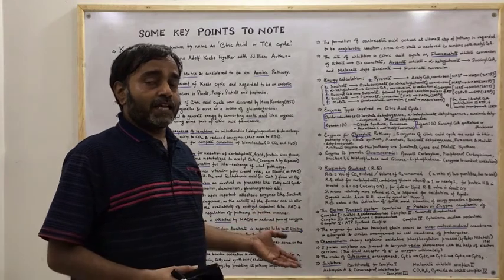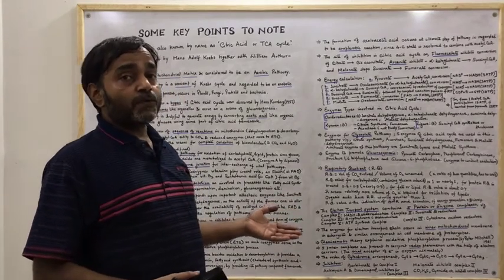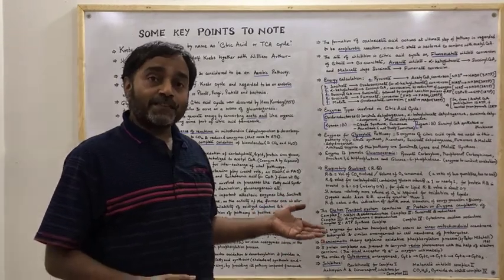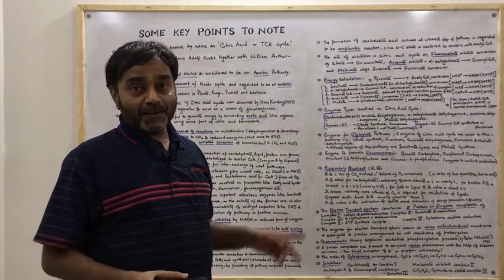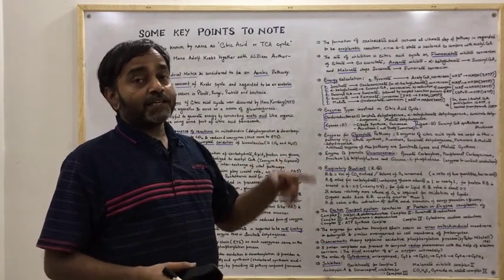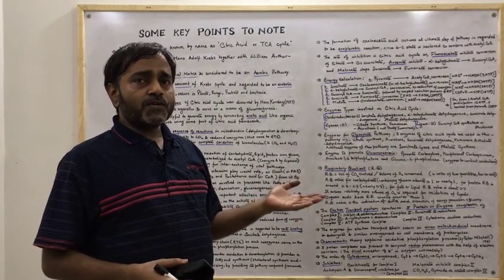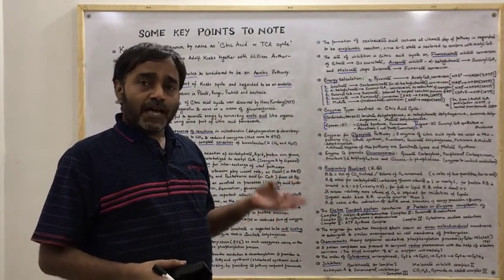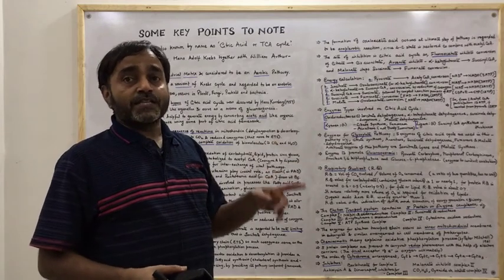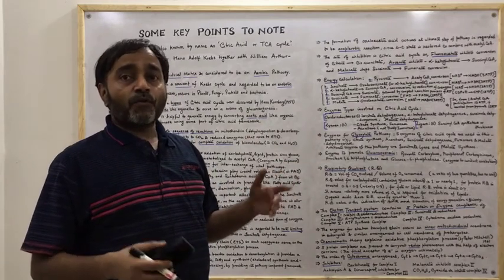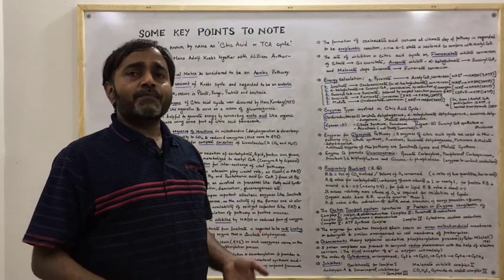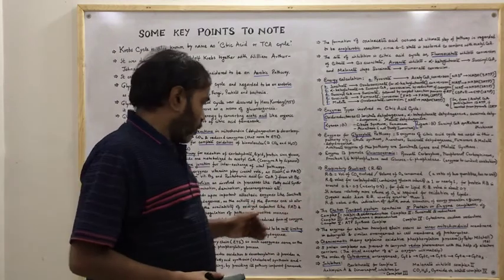In eukaryotes, the electron transport chain is present in the inner mitochondrial membrane, but in prokaryotes like bacteria, such a system is found associated with the cell membrane, where you may find foldings or organelles like mesosomes. So it is important to know.